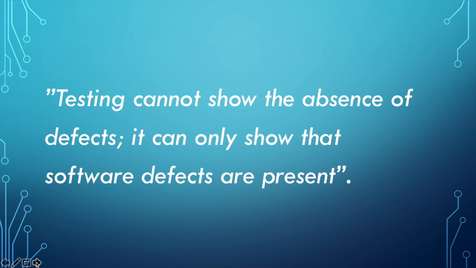Therefore, you have a high confidence that the software is good, even though you can't be 100% sure that you don't have any more errors. Okay? So that's the principle that you should have in mind. You must spend a good amount of time in choosing your test cases because you want to have a high probability of discovering an as yet undiscovered error.